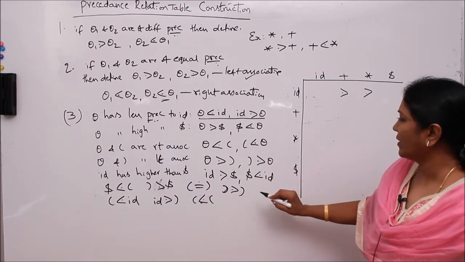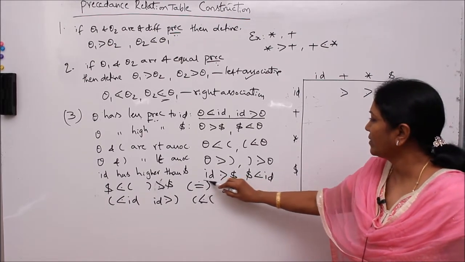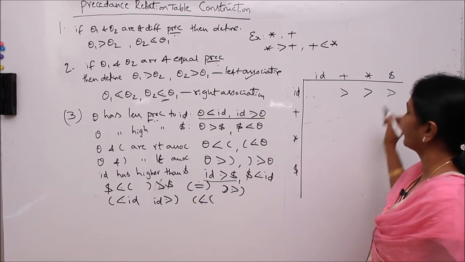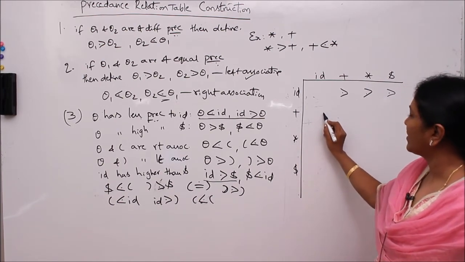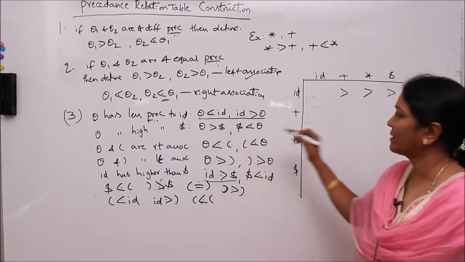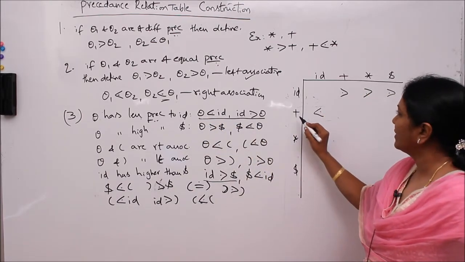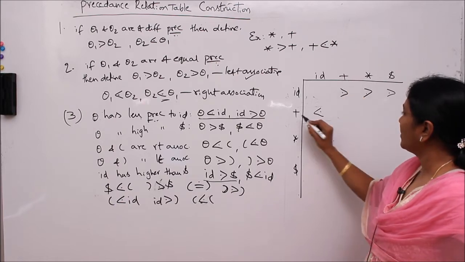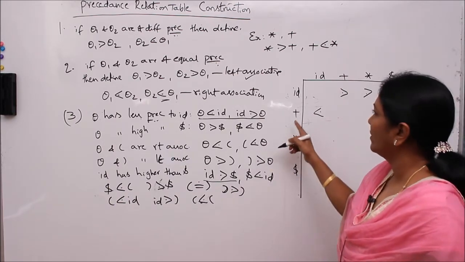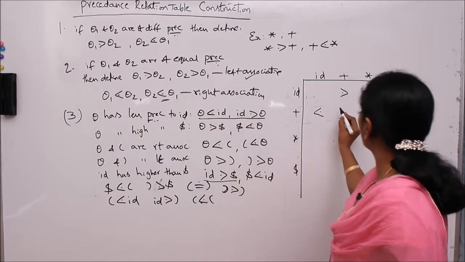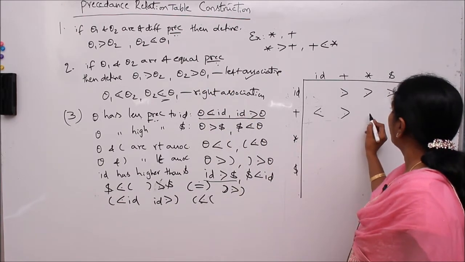And ID and dollar is also greater. Coming to theta and ID, what is the relation between theta and ID? Less. And when you take theta 1 and theta 2, when they are left associative, it should be greater.